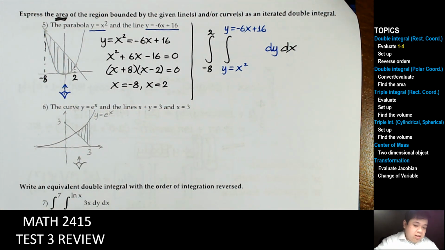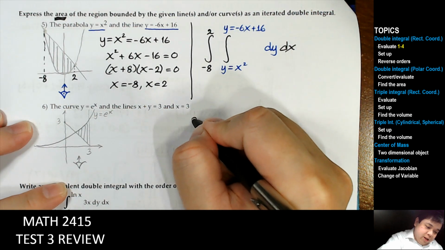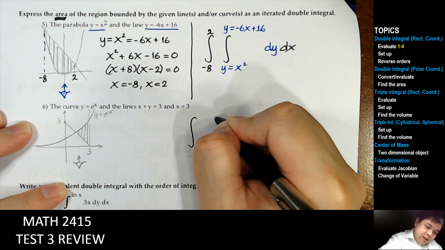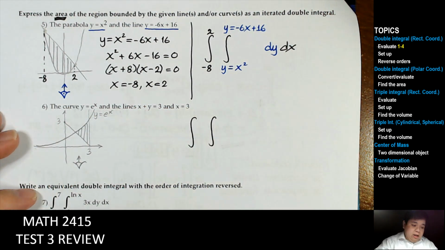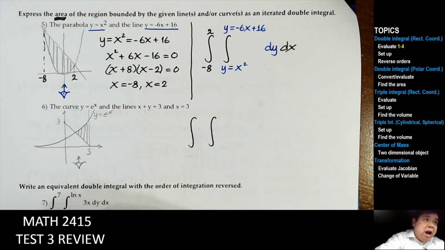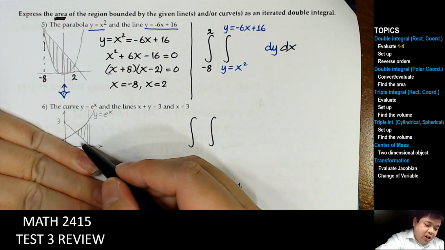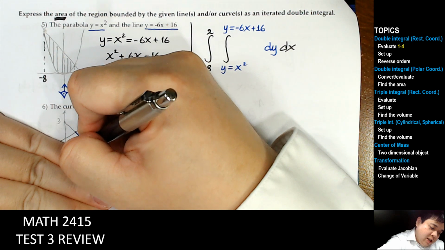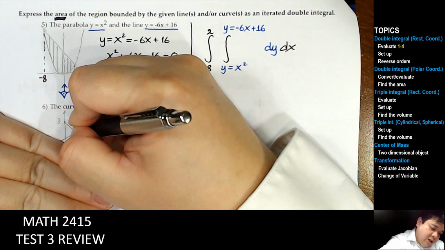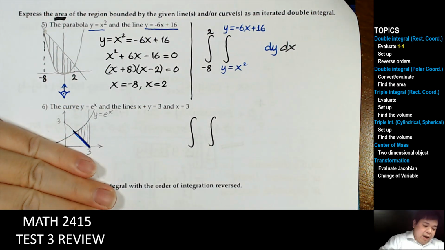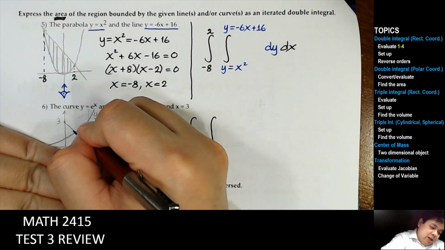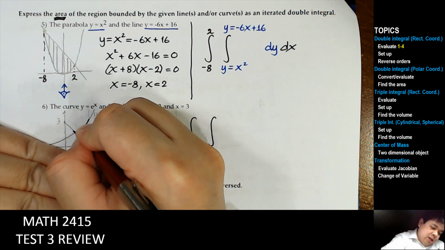What we see first is, we have the double integral, by the way. If we look along the y-axis, the first thing we see is this line. And after that, we see this curve.